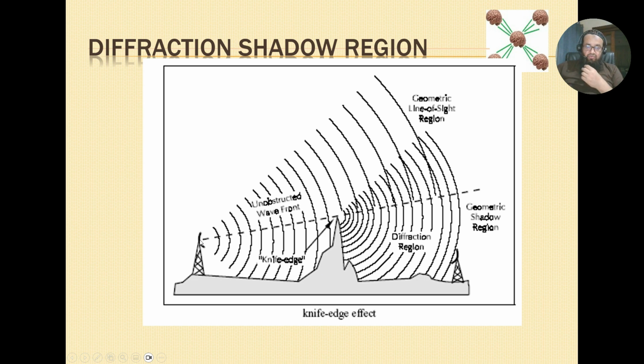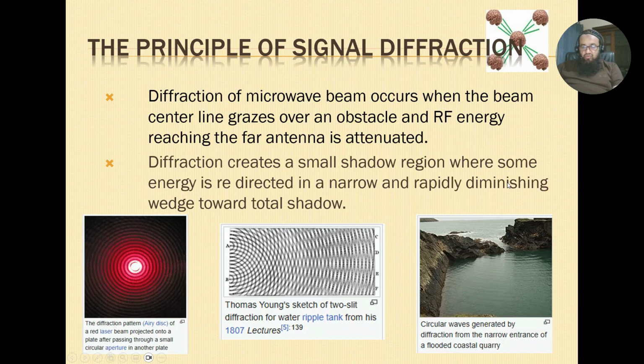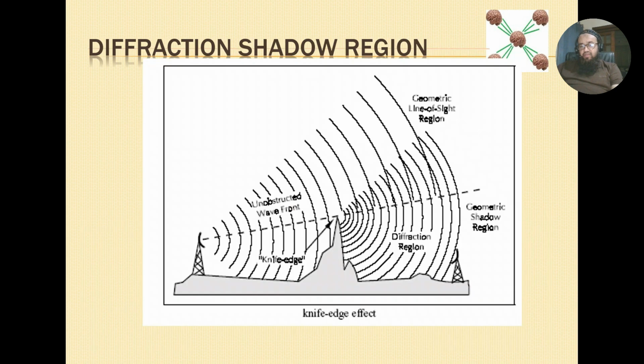So whatever is coming from this direction is obstructed from here, and from the upper part it's fully open. And if you put your antenna somewhere here, then it will be able to get the direct line of sight region. But as we saw here, when it grazes something, secondary wavefronts are created.